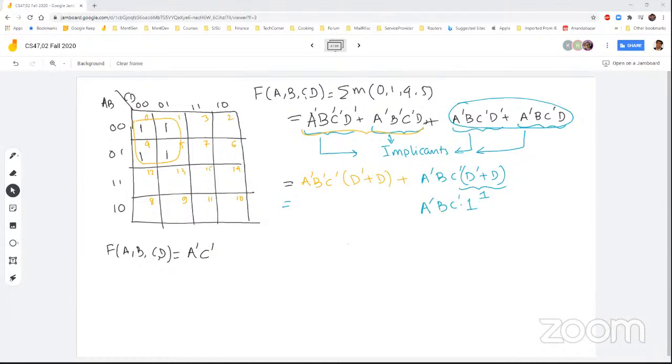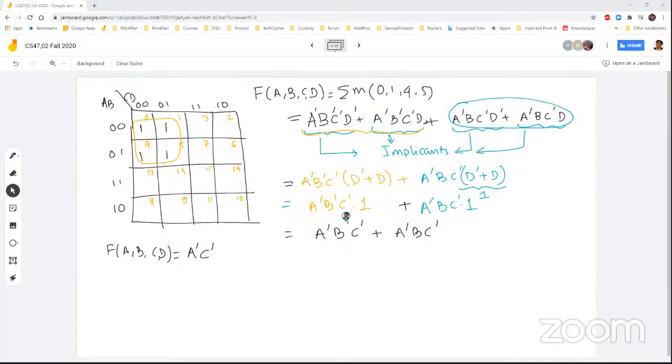And this guy would become A bar, B, C bar, 1.